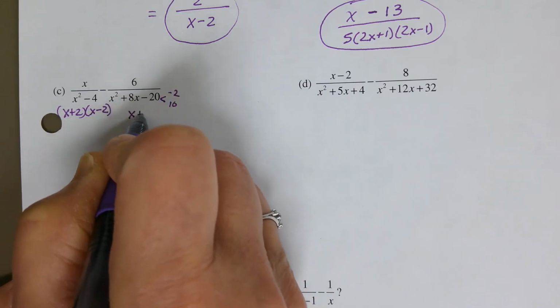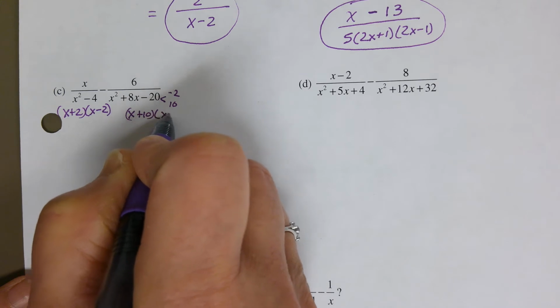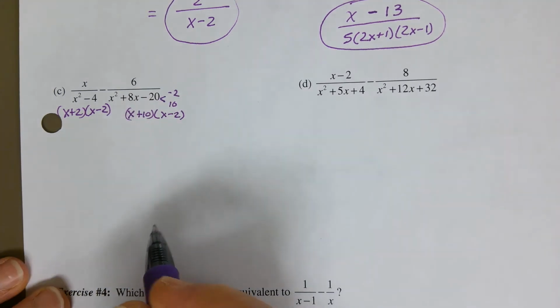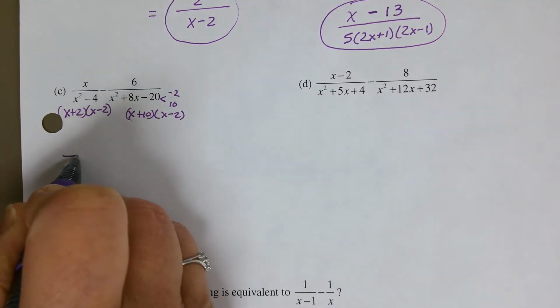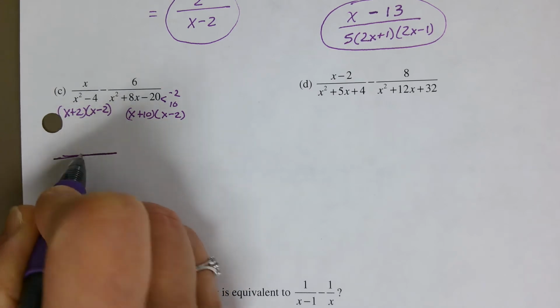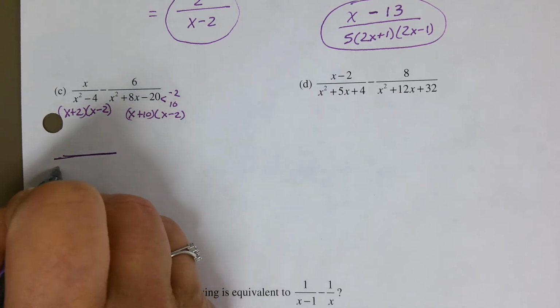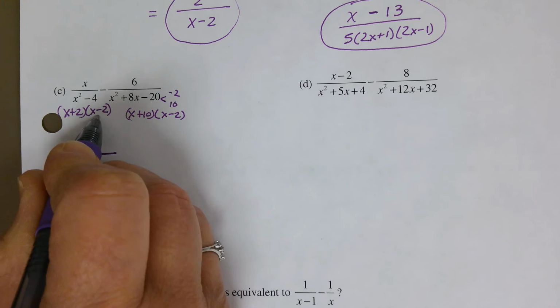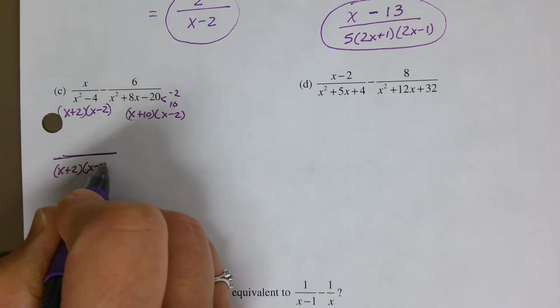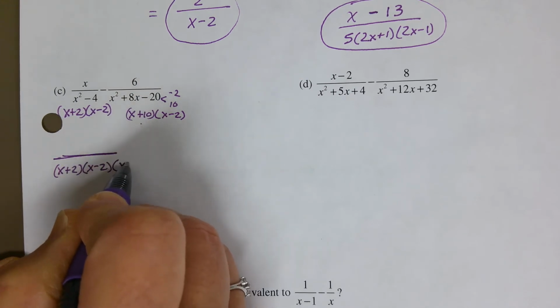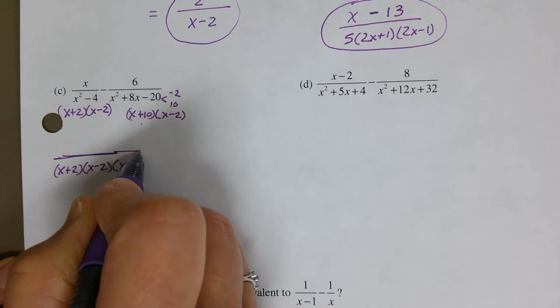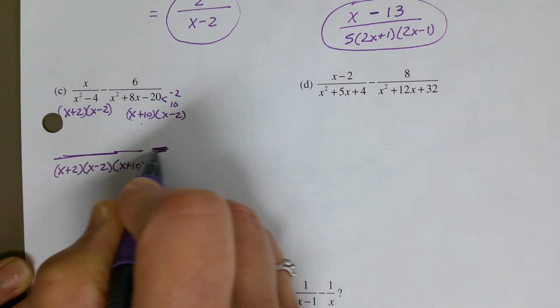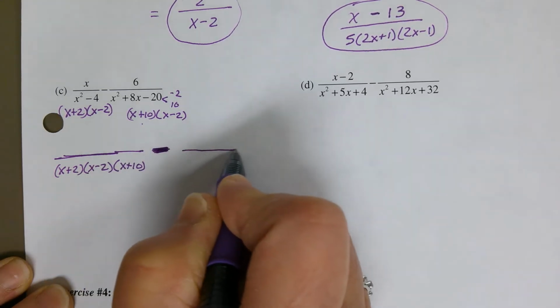So x plus 10 times x minus 2. Our common denominator is, we need an x plus 2, we need an x minus 2, and the x plus 10. And it's subtraction, let's really bold that.